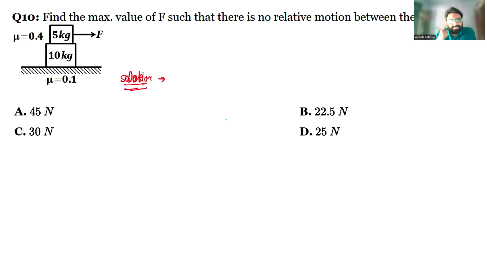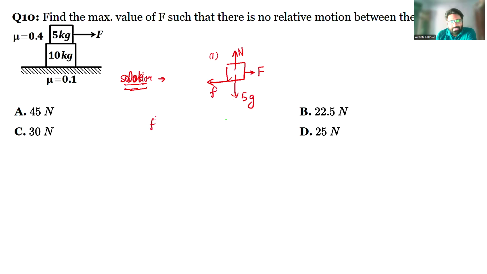the solution is given by, let's say, first of all, draw the FBD for the 5 kg block. So here we have a downward force of 5G and an upward normal reaction, let's say N. Now, since this force F is trying to pull the block in the forward direction, friction will definitely act in the backward direction.